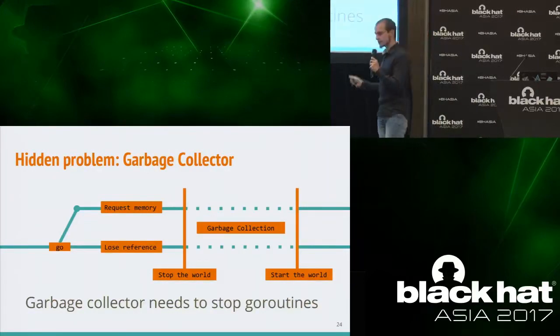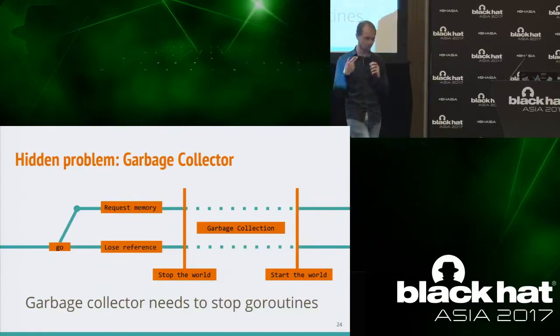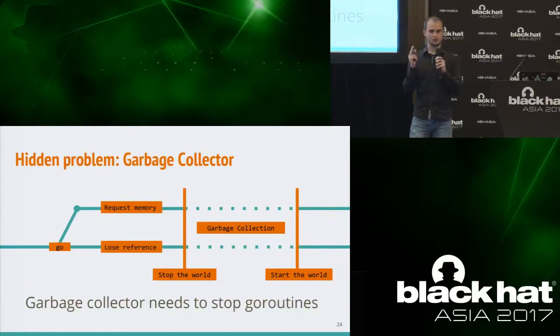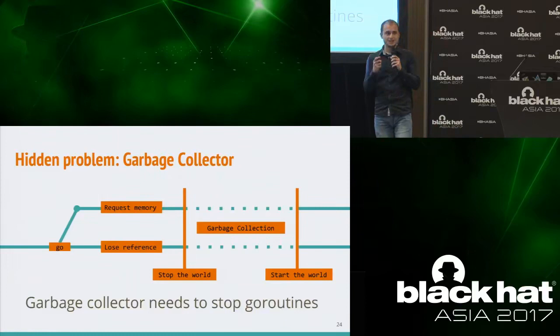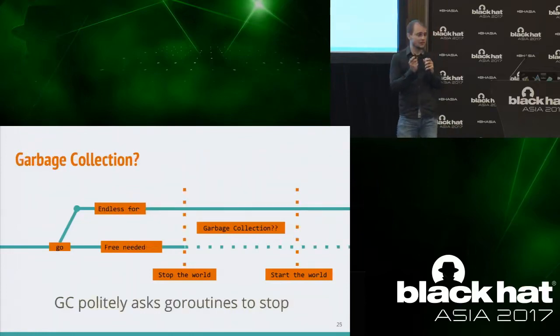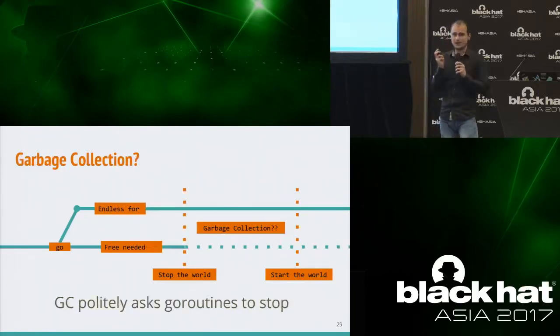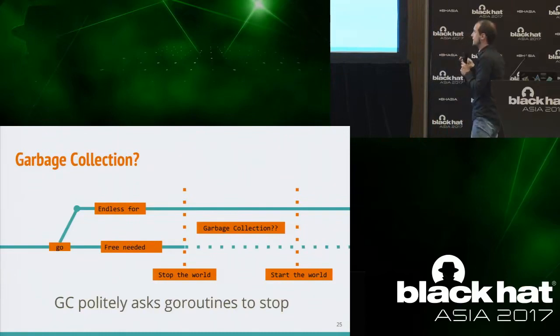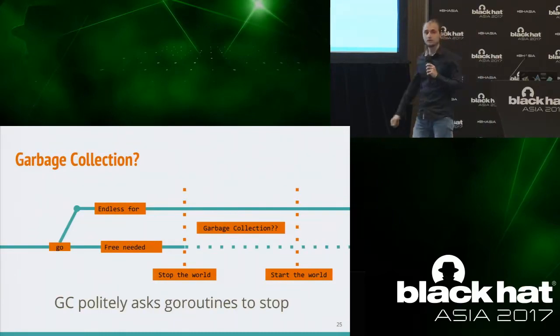So when the next function is going to be called by a Go routine, it will instead stop and wait for the garbage collector to start the world again. But it asks politely, which means that if you have a Go routine that doesn't want to give up context, the garbage collection will never happen.